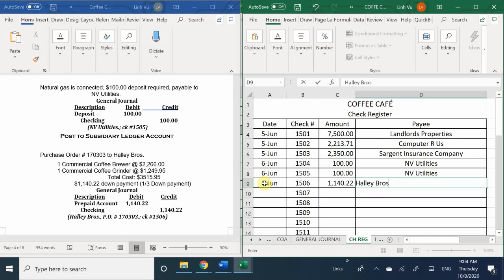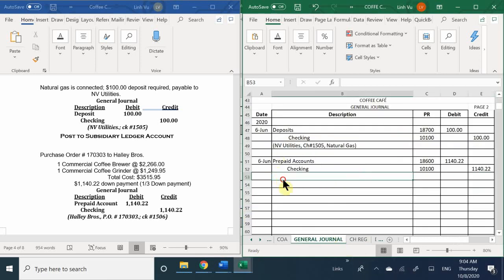Haley Bros. Now that I wrote my check out, I can go back to my journal and fill in my description.